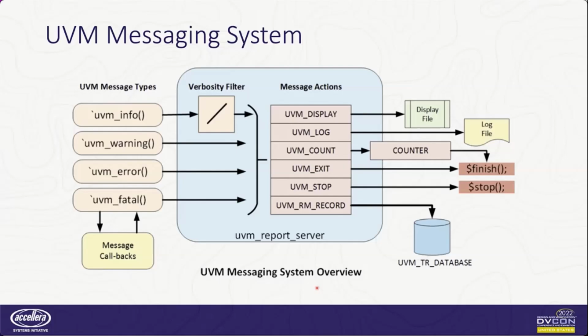So if you're just running a regression and you don't want a lot of messages, you can set a high verbosity, versus if you're in a debug and you want a lot of messages so you can debug, you can change the verbosity filter to be very low, so you get all those messages being printed out. And that's built into the UVM info. Then you also have the UVM warning, errors, and fatals that have associated actions and counters built into those.